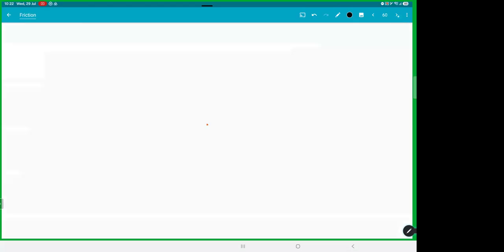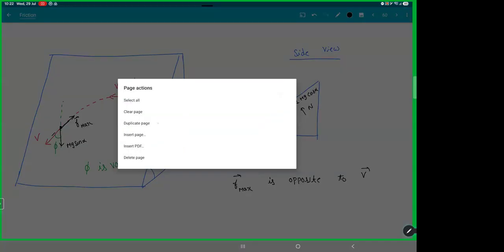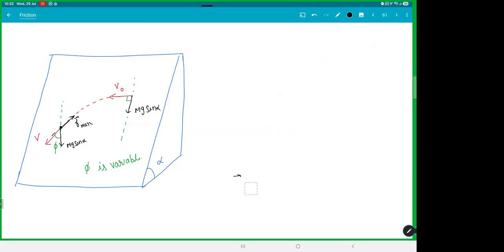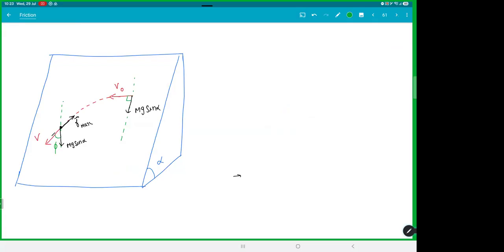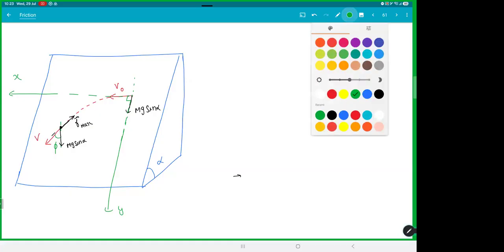So how do we write this? See, let's divide this into two parts. For convenience, let's call this your y-axis and this your x-axis. We are taking x and y along the incline.